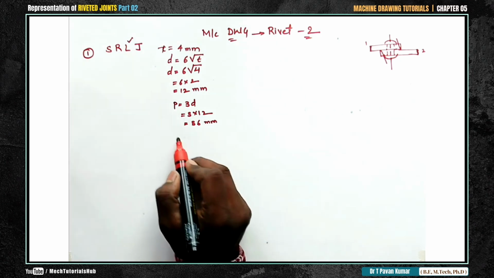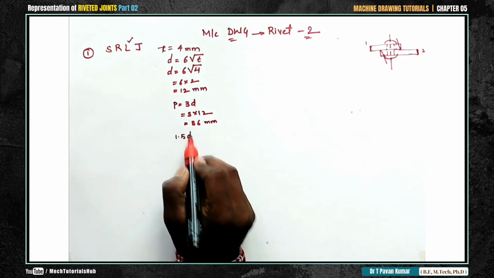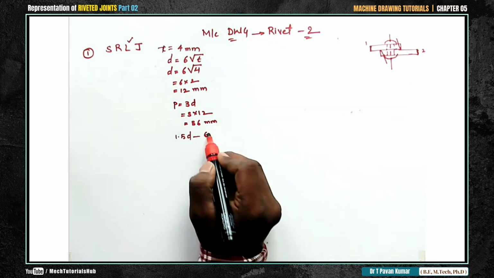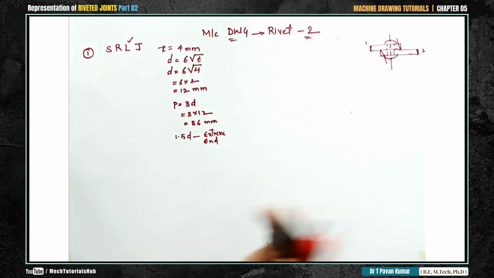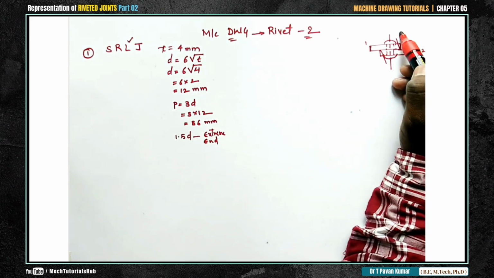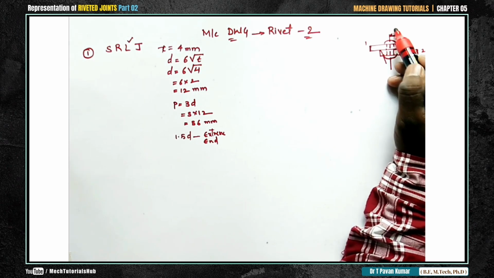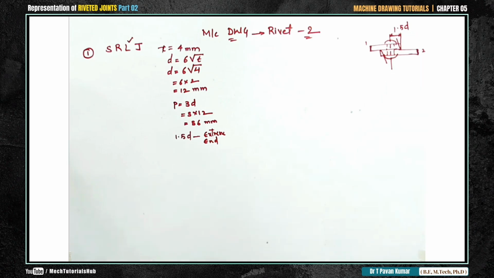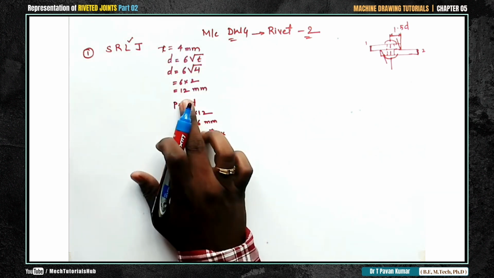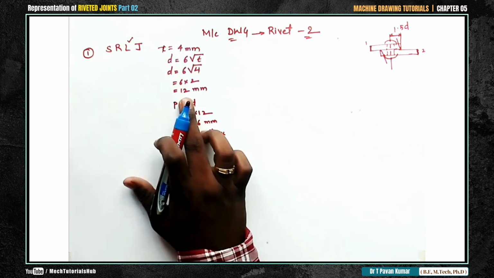One more value we need to see: 1.5D needs to be considered from the extreme end of that particular sheet. For example, from here to this point it is going to be 1.5D. Try to remember. Now, as I know the T value, T is equal to 12 mm, I'll consider a 12 mm thickness sheet initially.